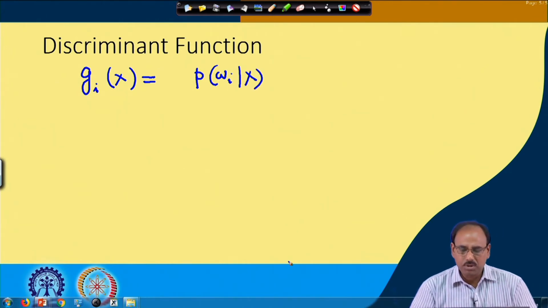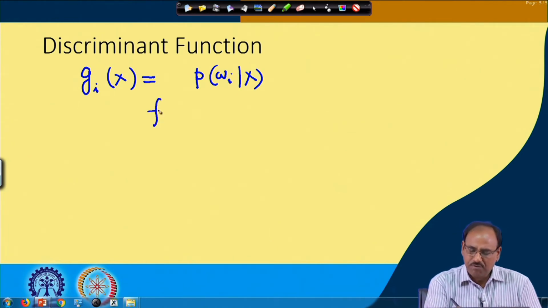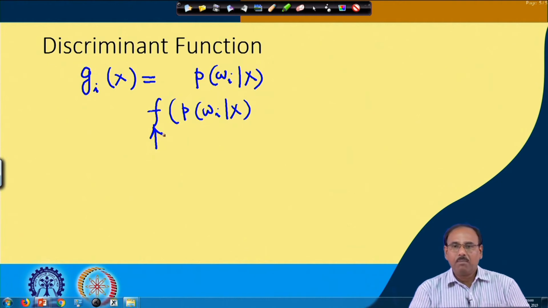Or it is also possible that instead of P of omega i given x, I use a function f of P of omega i given x, where this function f has to be a monotonically increasing function.